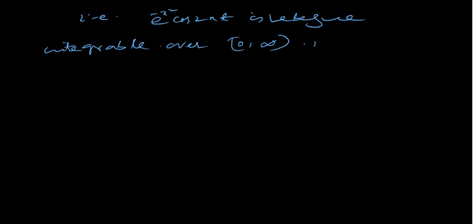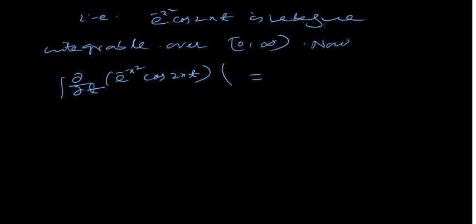Now let's see its partial derivative. We'll see that the partial derivative is dominated by some integrable function. Let's check this. Now del by del t of the function e power minus x square cos of 2xt, let's see its modulus.